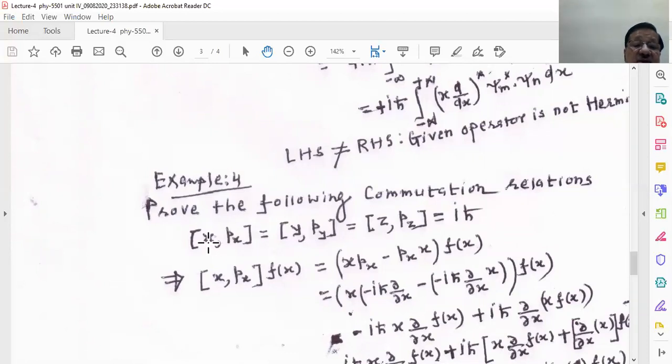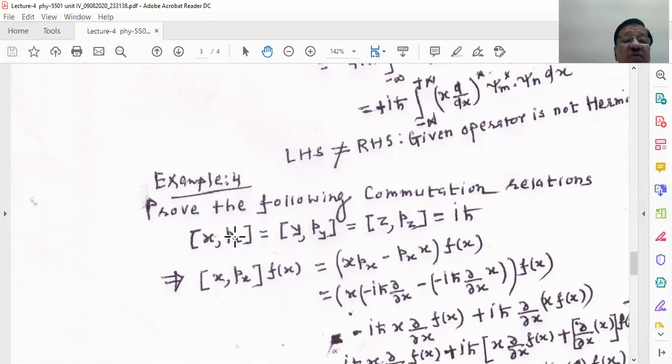That means the operator x represents the position of the particle, and the px operator represents the momentum of the particle. So you cannot measure the position and the momentum of the particle simultaneously, right?